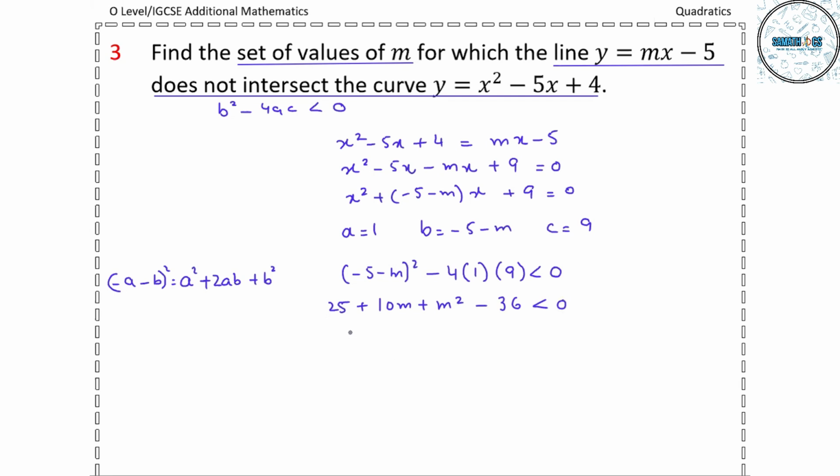Now we'll simplify it. M square plus 10m minus 11 is less than 0. Now we'll make factors of minus 11m square in such a way that when we add or subtract, we get plus 10m.